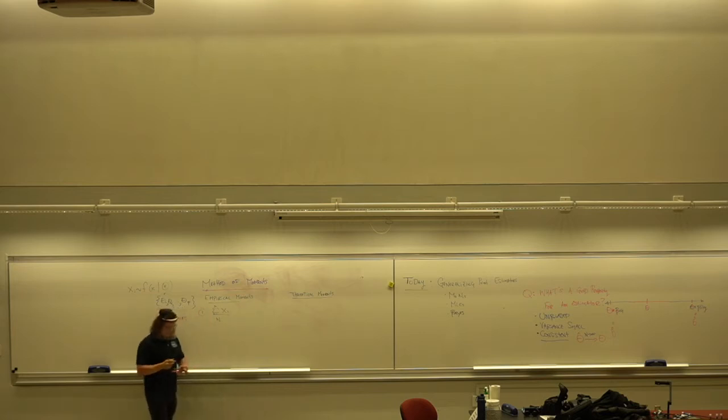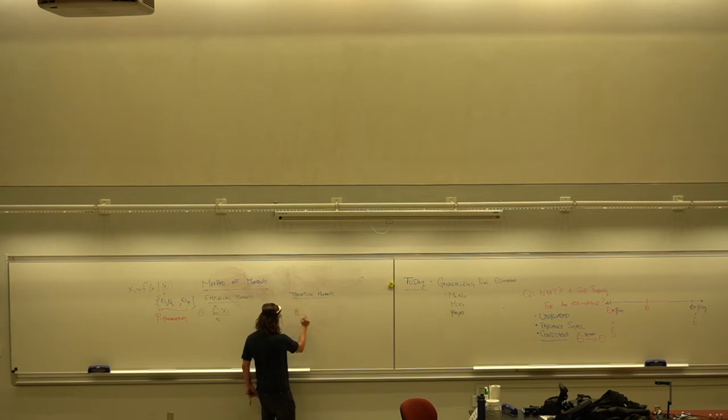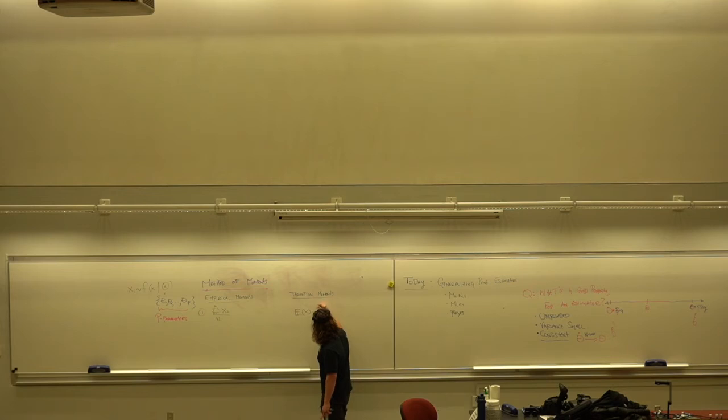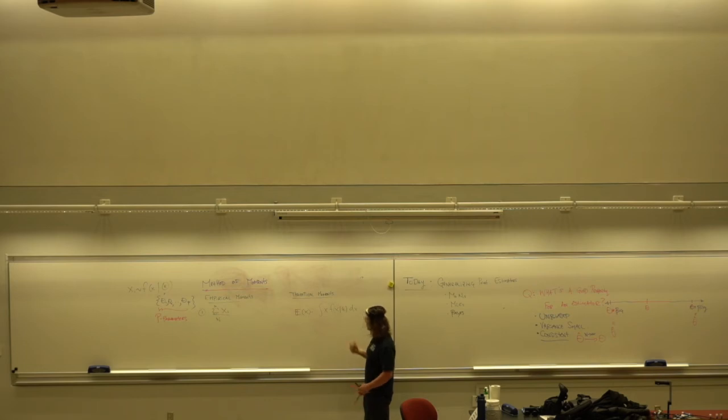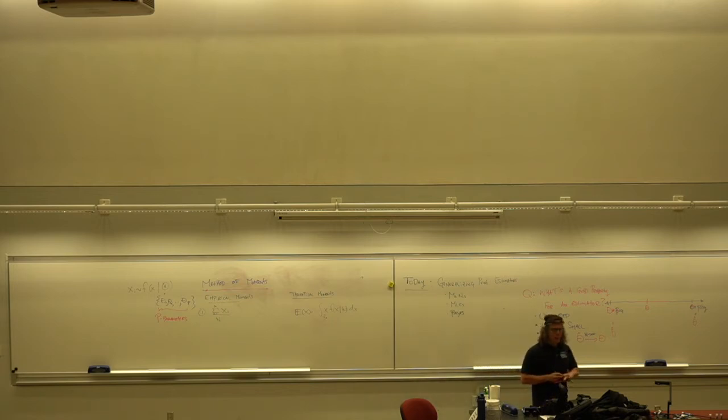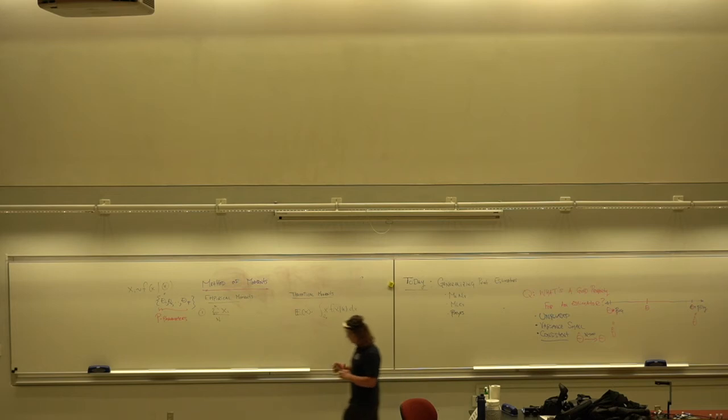That's my first moment. My theoretical moment is just this thing right here. So if you told me what the model was, I could compute this for you. This is going to be the integral of x times f of x given theta, dx, and I'm going to integrate over the whole space of x. So it's a calculation you can do. If I tell you the model, at least in principle, you can write down what this moment is.